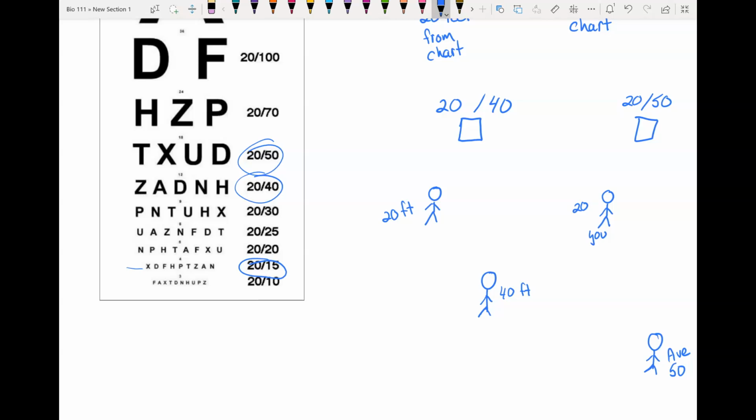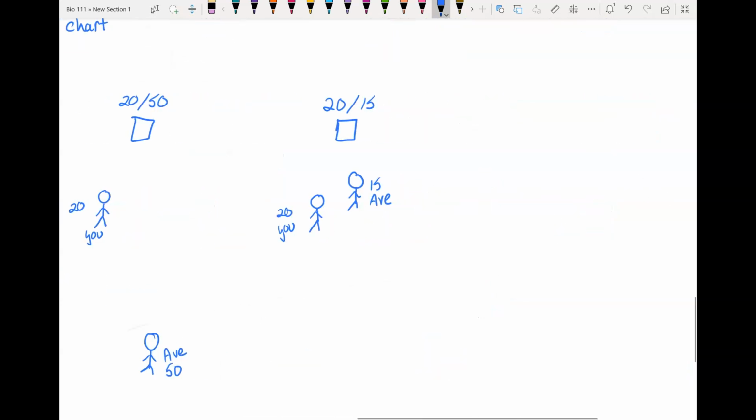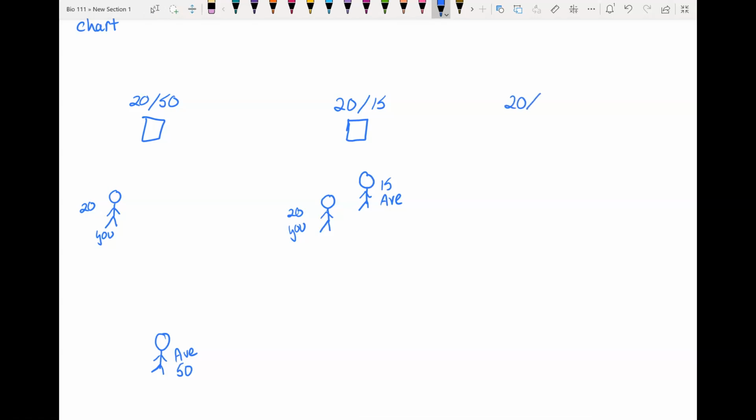If you had 20/10, which, like I said, about the best a human can get is 20/13, 20/10 is really rare. But say you're some rare, amazing person with supervision and you have 20/10. Here's the chart. Here's you, 20 feet away. Again, you never move. You are always at 20 feet.